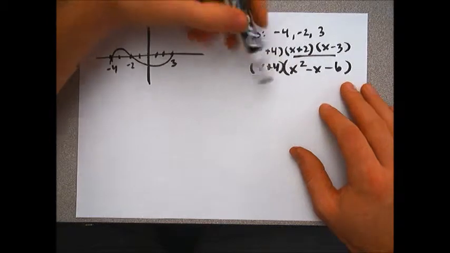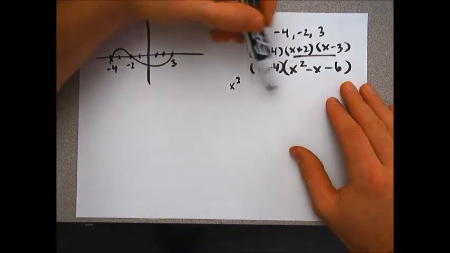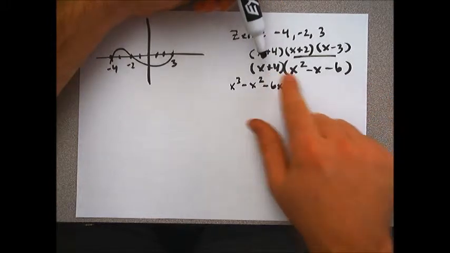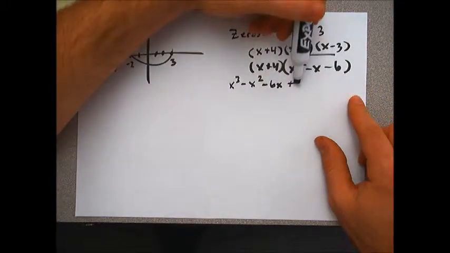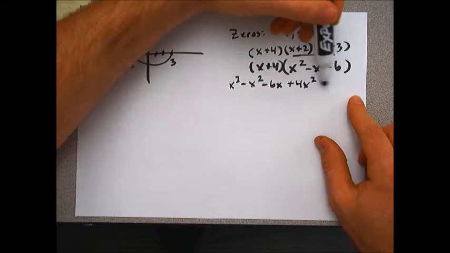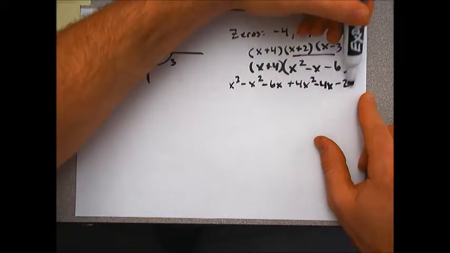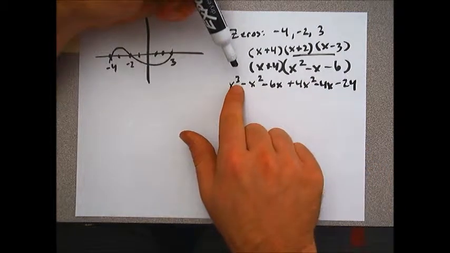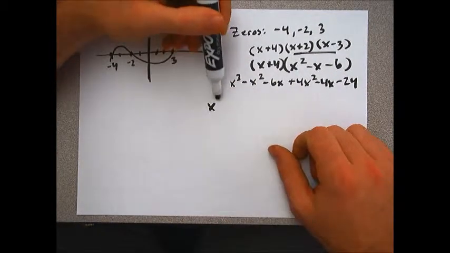When I run my x through here, I get x to the 3rd minus x squared minus 6x. When I run the 4 through here, it's plus 4x squared minus 4x minus 24. Combine like terms. There are no other x's to the 3rd power, so I can just bring that down.